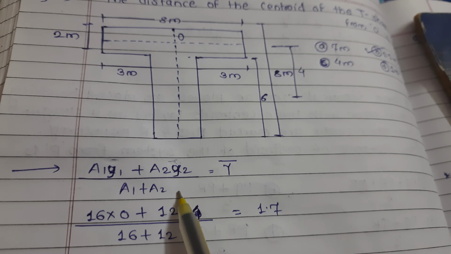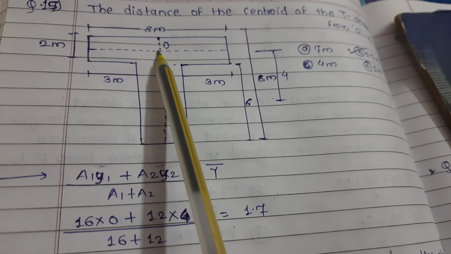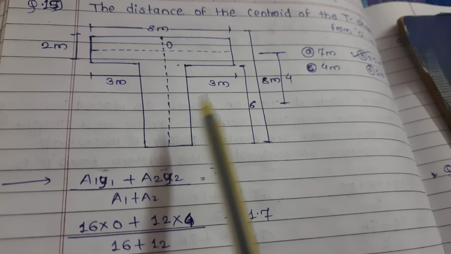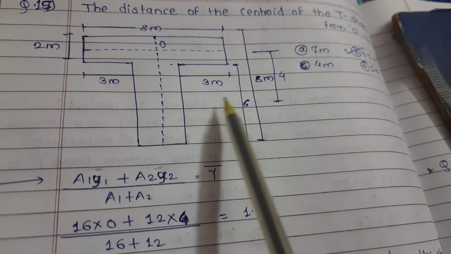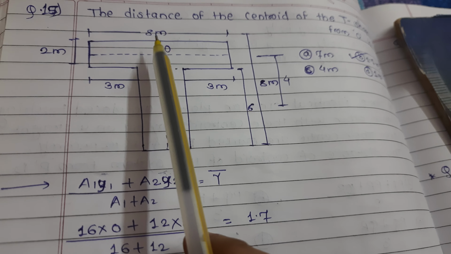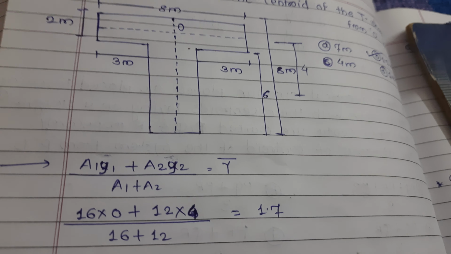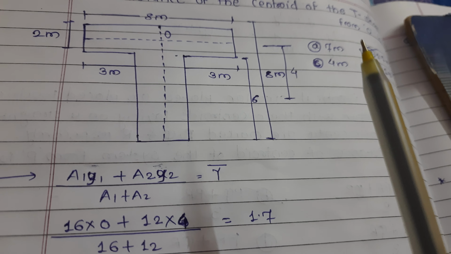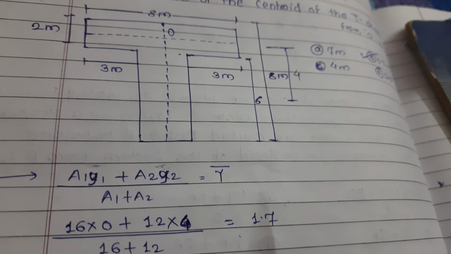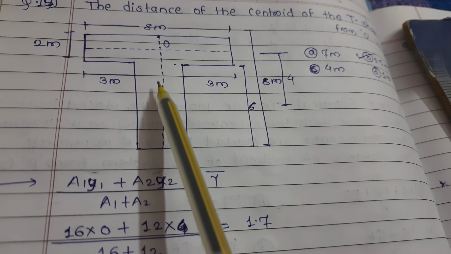upon a1 plus a2. a1 is 8 into 2, 16, and this is symmetrical about the x and y axes, so 0, plus the second figure, 6 into 8 minus 3 minus 3, meaning 6 into 2, 12, into y bar, which is the distance on the y axis from here to the center of this.